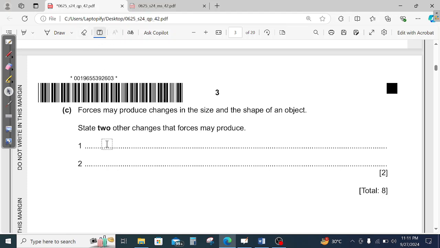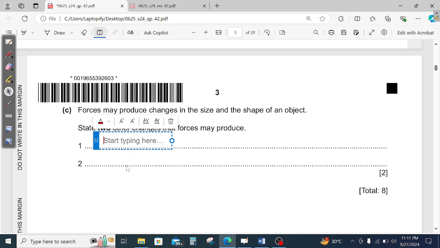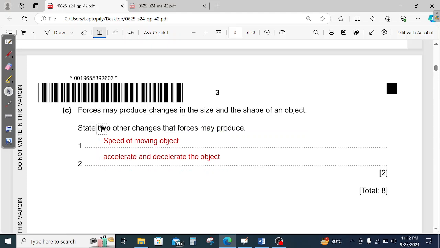We can change the speed of a moving object, and we can also accelerate and decelerate the object. Anything else? I think it has already been written. You have to state only two things that I have mentioned here.